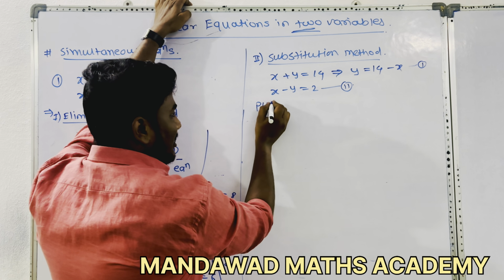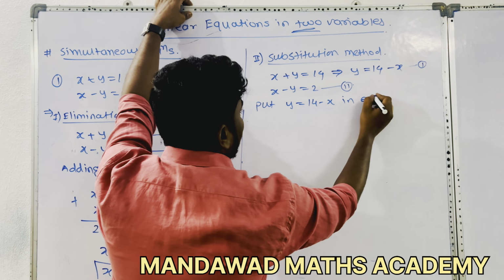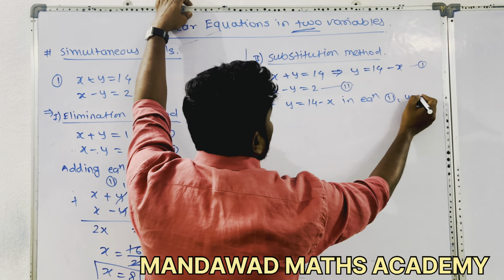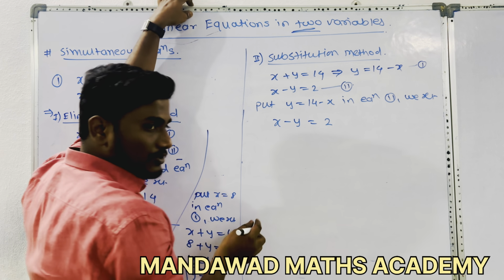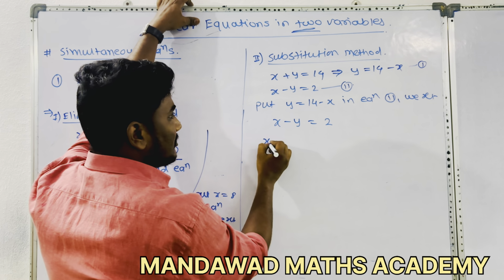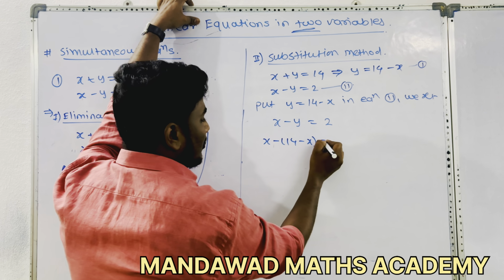You can write here, put y equal to 14 minus x in equation 2, we get. What is equation 2? x minus y equal to 2. Substitute the value of y: x minus, 14 minus x, equal to 2.